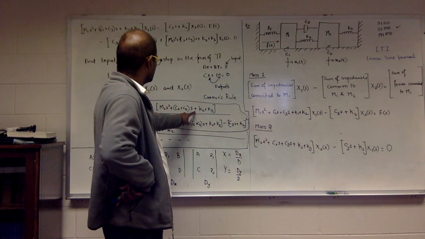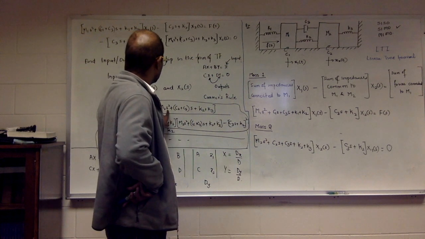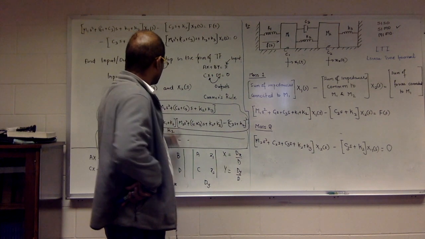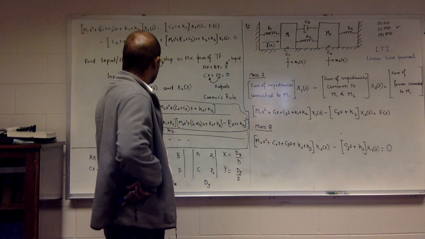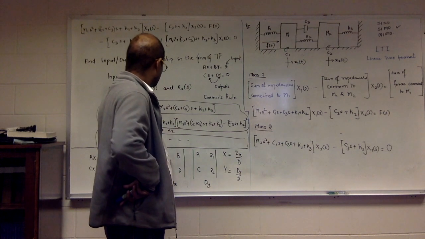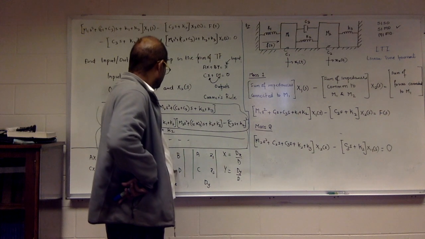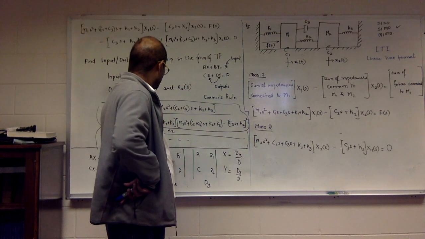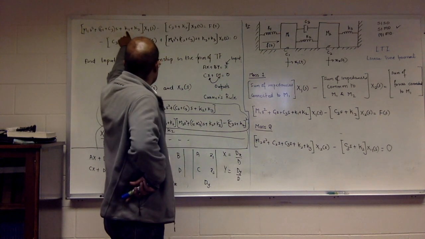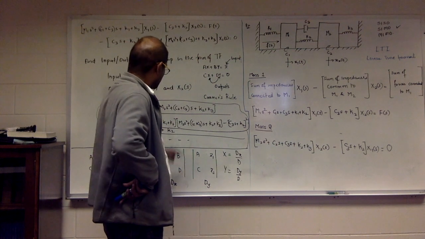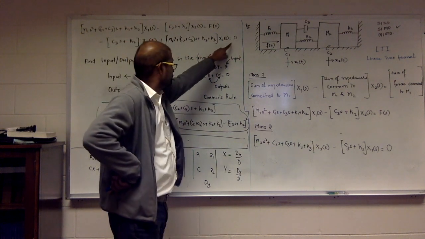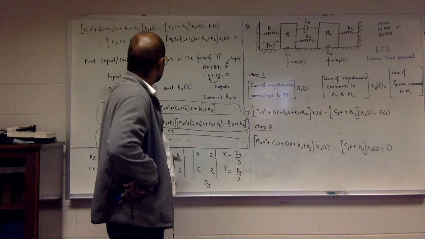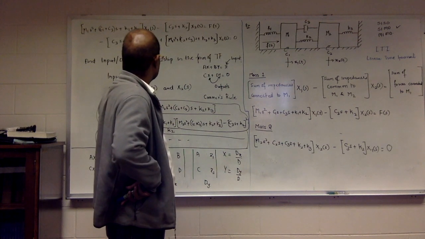You did Z1 times D to get that numerator, right? Z1 is this, and D will be 0, right? You're right, actually.